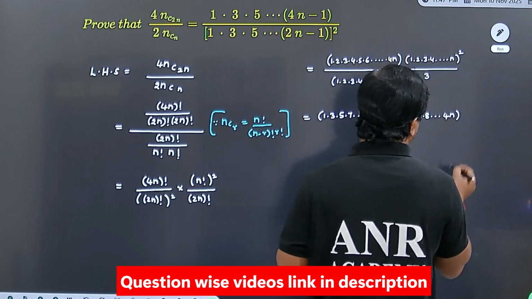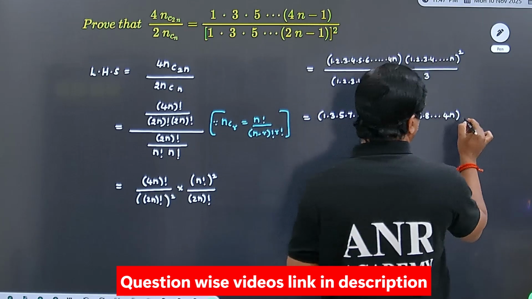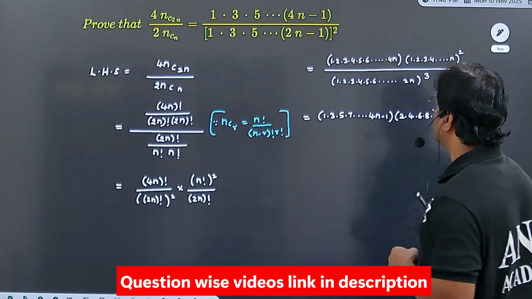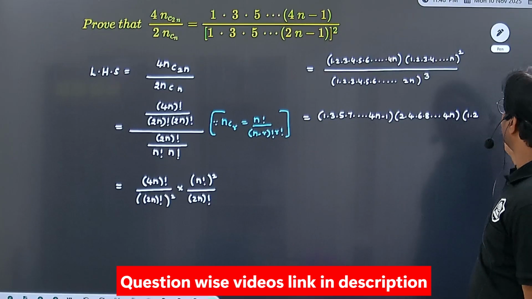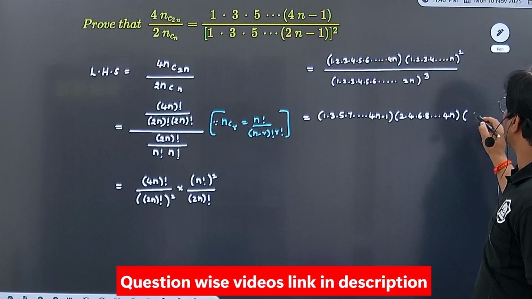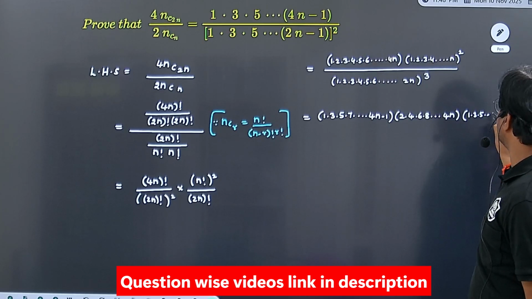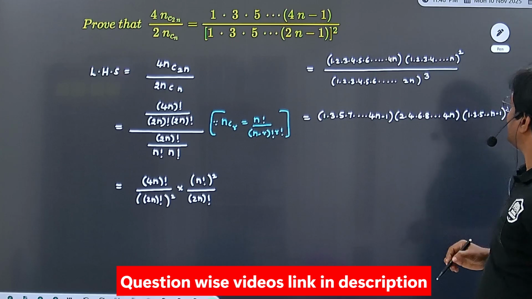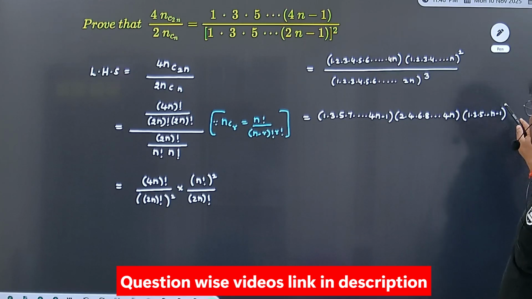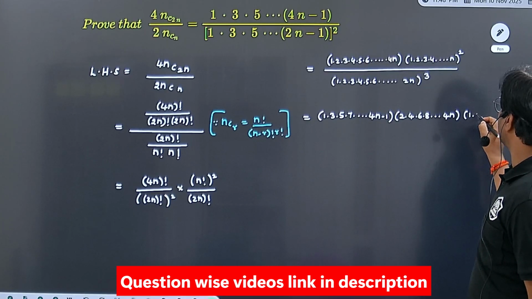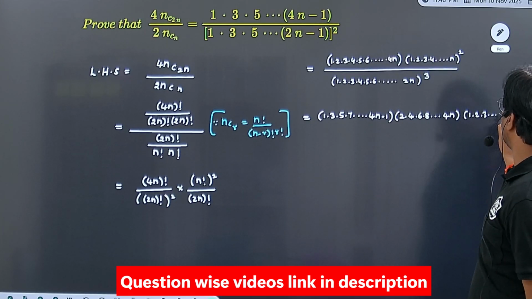Next, in this one I am going to separate 1, 3, 5 and so on n minus 1. No need. 1 to n as it is: 1, 2, 3 and so on n, whole square.